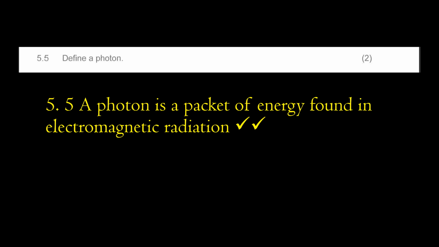Sometimes you will hear that a photon is a packet of energy of light, but I don't like this definition because it is not inclusive of all other types of electromagnetic radiation. Yes, we have light photons or visible light photons, but we can also have X-ray photons, gamma ray photons, UV photons, etc., etc.